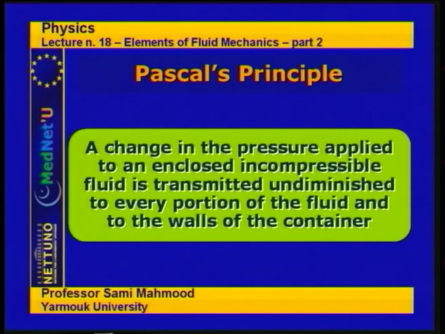And we noticed that the pressure P2 at any point at depth h beneath the air-fluid interface is given by P1, which is the pressure at the interface, plus rho g h, where rho is the density of the fluid, g is the gravitational acceleration, and h is the depth of that point.